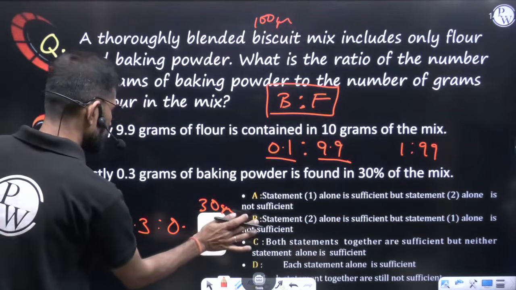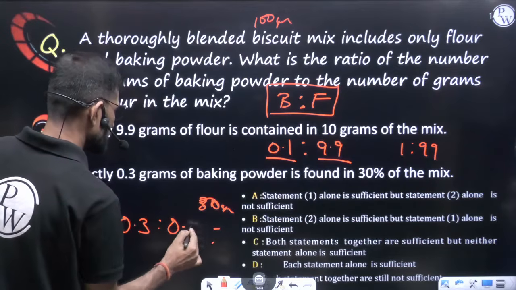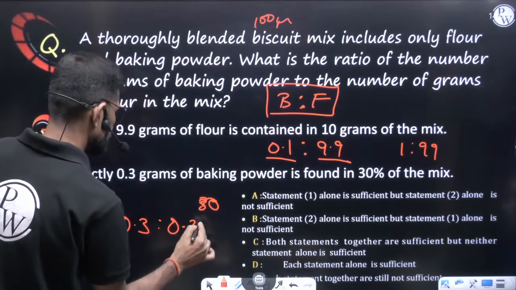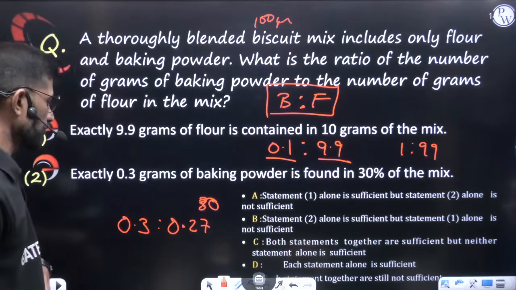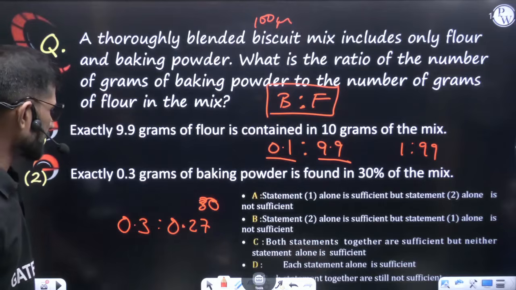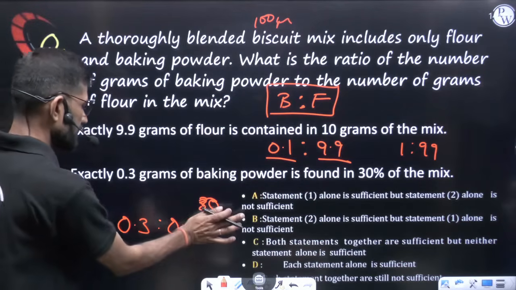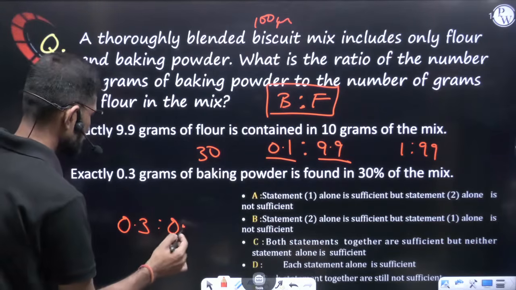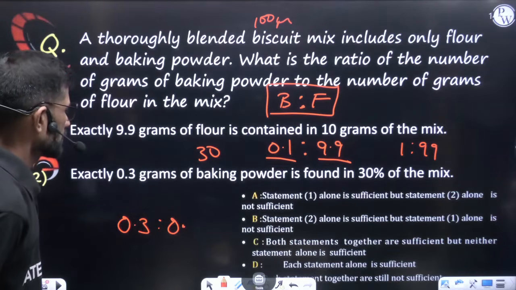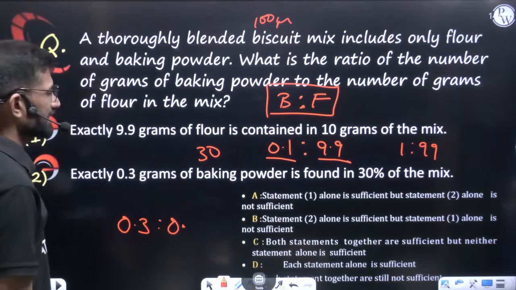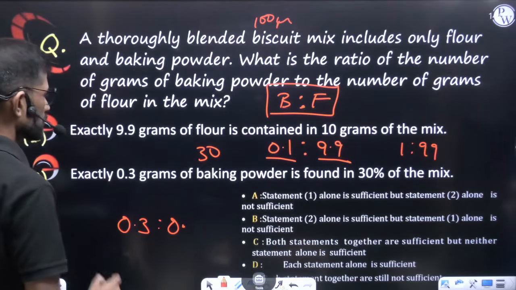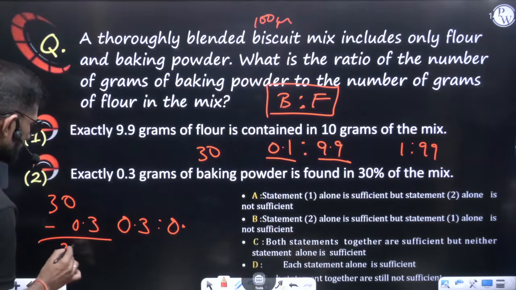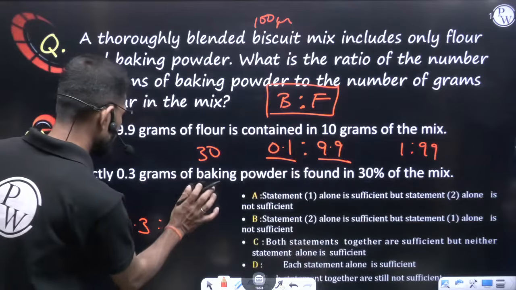Sorry, it will be 29.7, because it is 30 now. Adding both, are we getting 30? 30 grams, 0.3 grams is the baking powder. So from 30, if you remove this 0.3, it will come to 29.7. So 29.7.